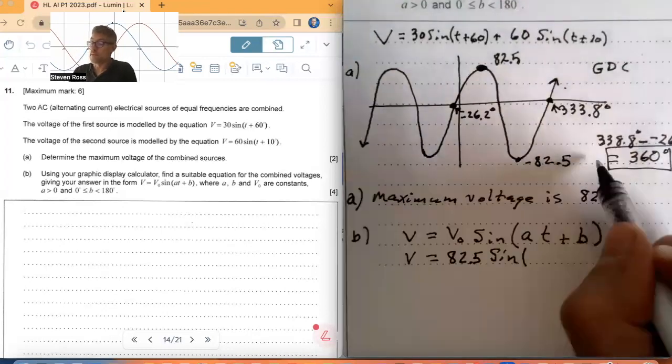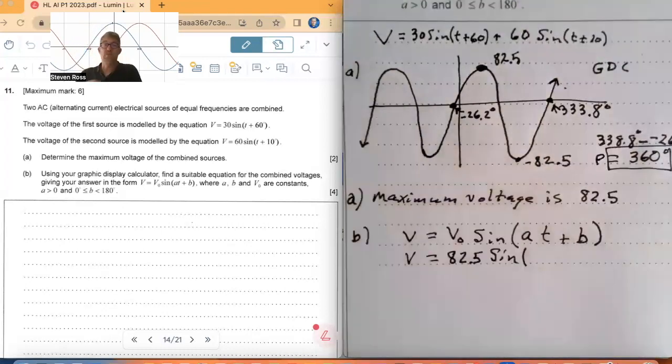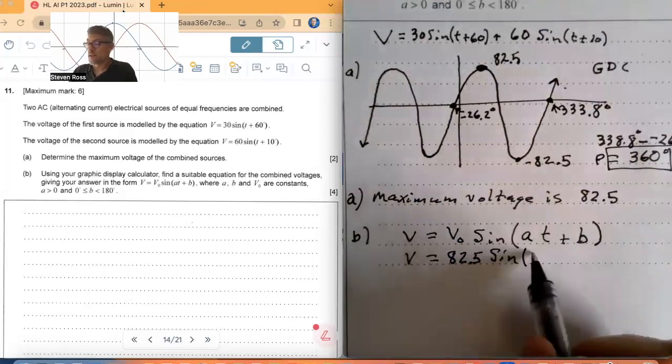So that's our period. Our period is equal to 360 degrees, and you should recall that that is the default period for the sine function. So if that's the case, then this A has to be a 1.